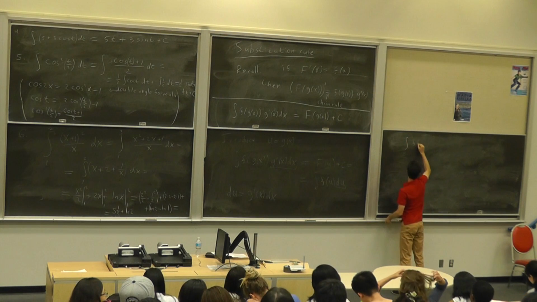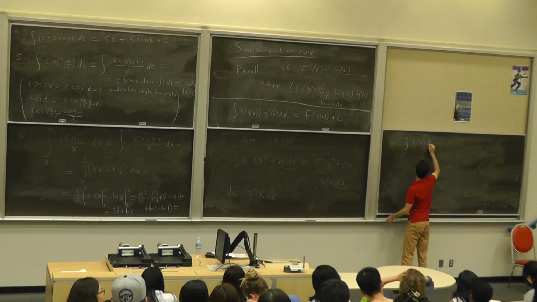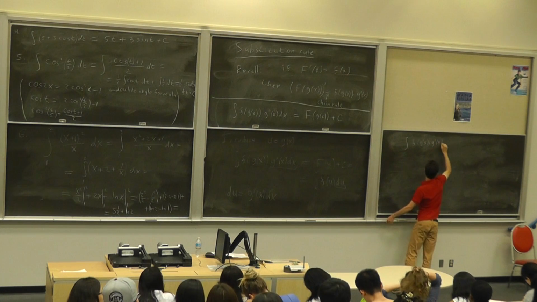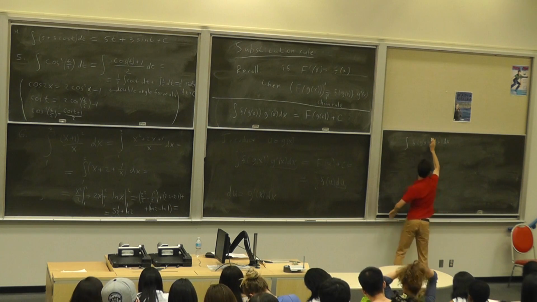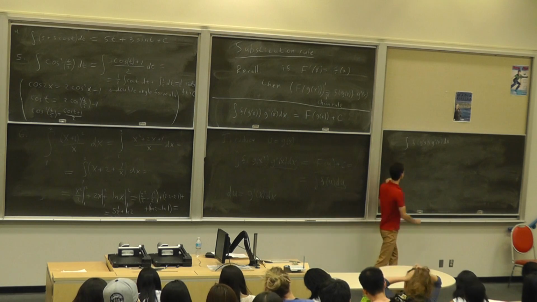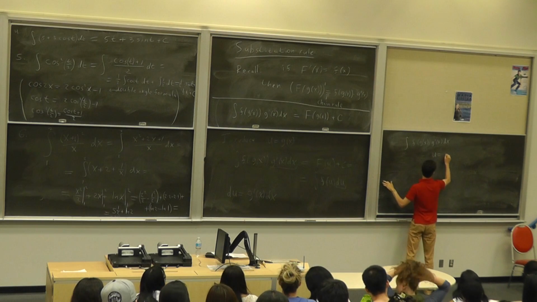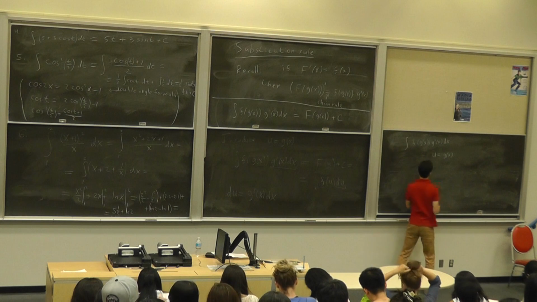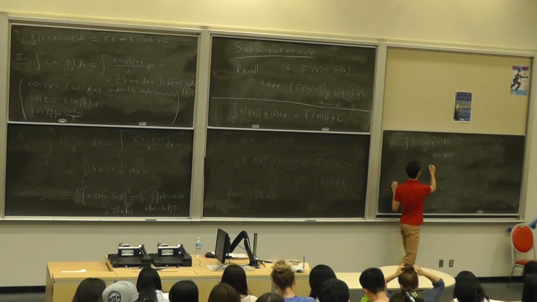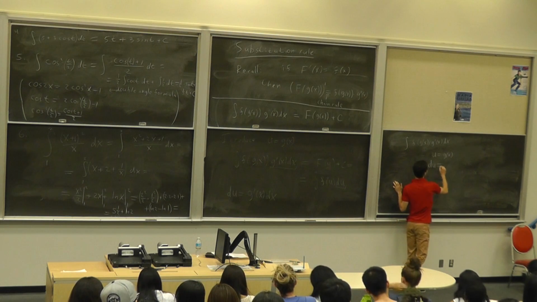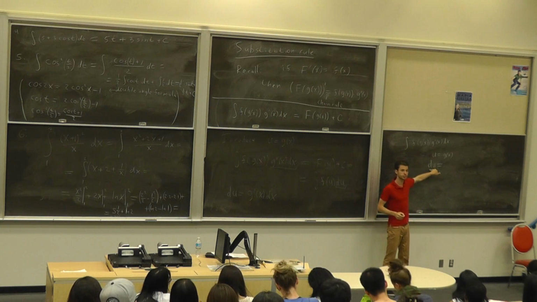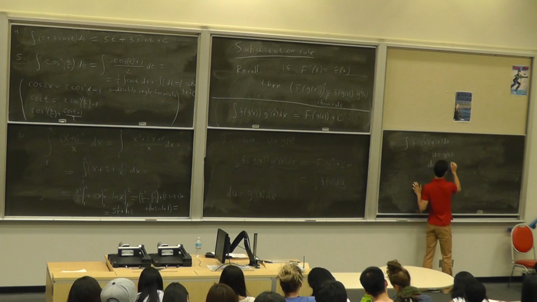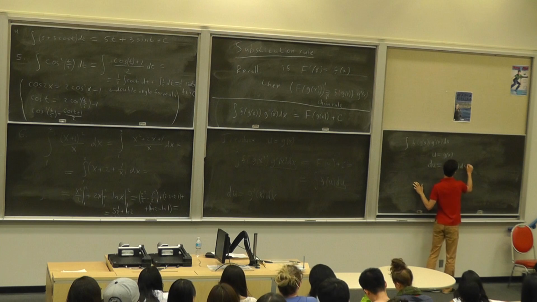The integral of f of g of x, g prime of x dx. If you want to compute this thing, what you do is as follows. Introduce a variable u, which is g of x. You write down that the differential of u is in fact g prime of x dx.